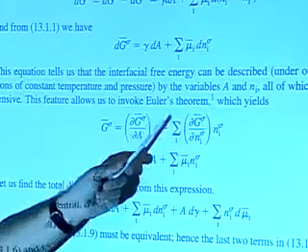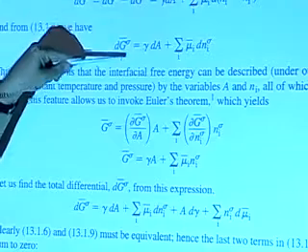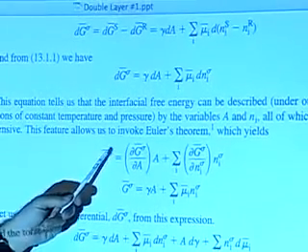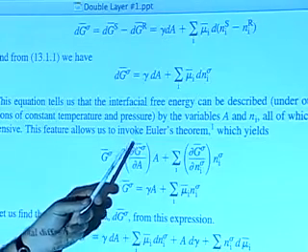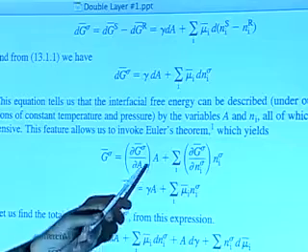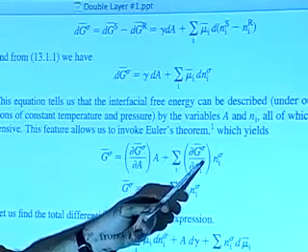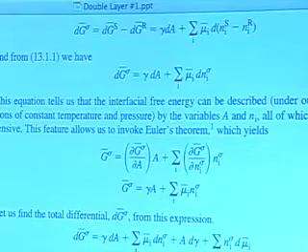And since these are the extrinsic variables, it must be the case that independent of how we got to this point, that G as a function of the excess can be written just purely on a mathematical basis as dG/dA times A plus the sum of dG/dN_i^σ times N_i^σ. So that's just a statement of fact.